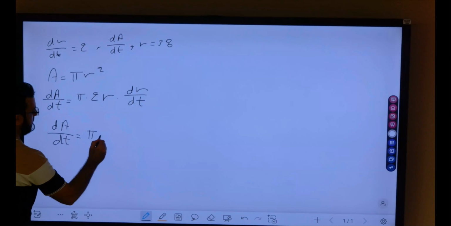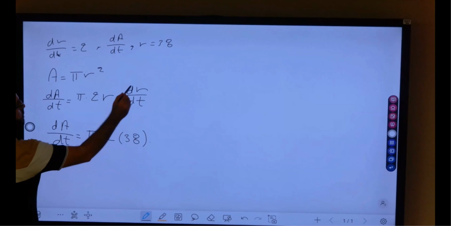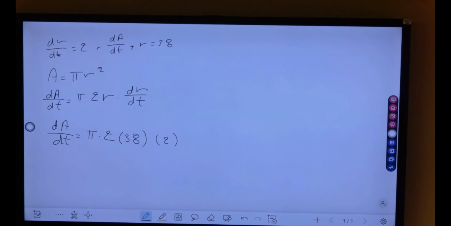Pi times 2, r is 38, times the change of r with respect to t, which is 2. So dA with respect to t is going to be equal to 4 times 38 pi, which is what?